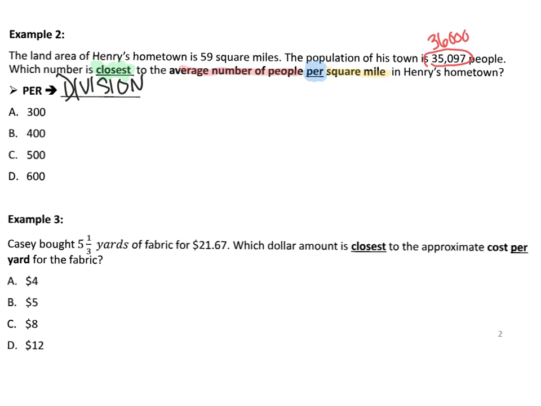Okay. Now, I'm going to round this 59 to 60. So that's why I rounded this 35 up to 36,000, because I can easily divide 36,000 by 60 to get 600.